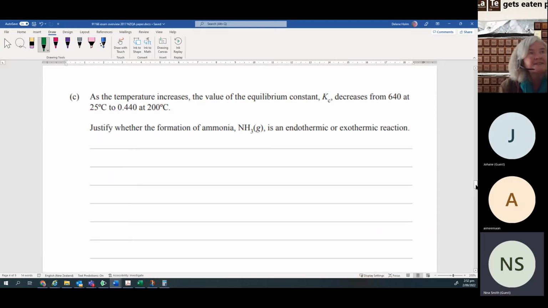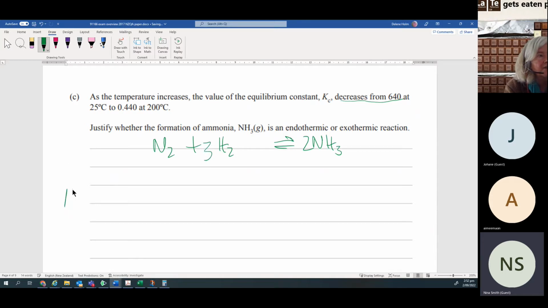Now they say as the temperature increases, the value decreases. So if I had my equation, N2 plus H2 goes to NH3.